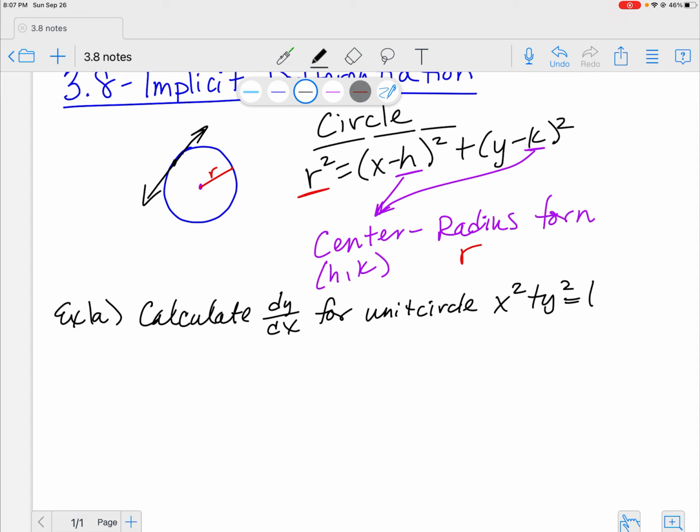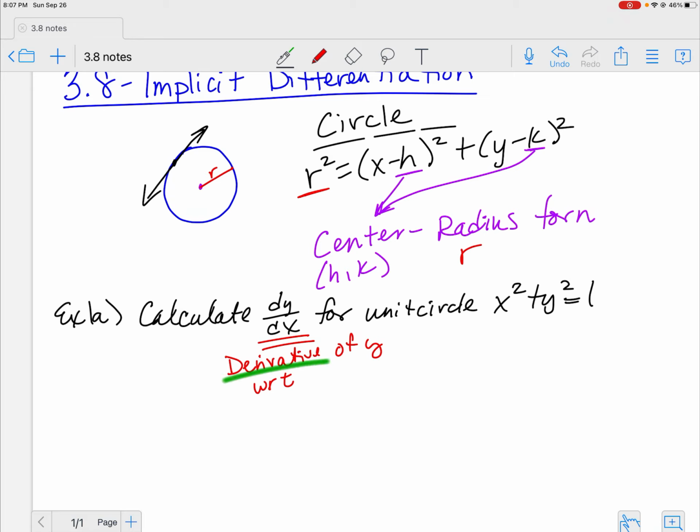The other thing I want to point out, notice this notation. This means the derivative of y, and I'm going to put WRT, that's math term for with respect to. So derivative of y with respect to x. I'm pausing because how many variables do we have in this?